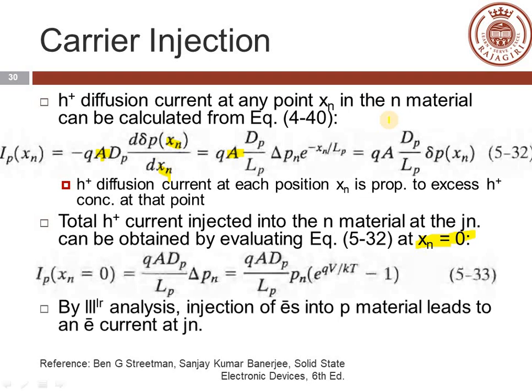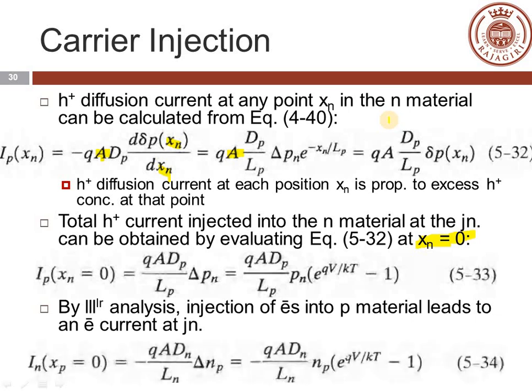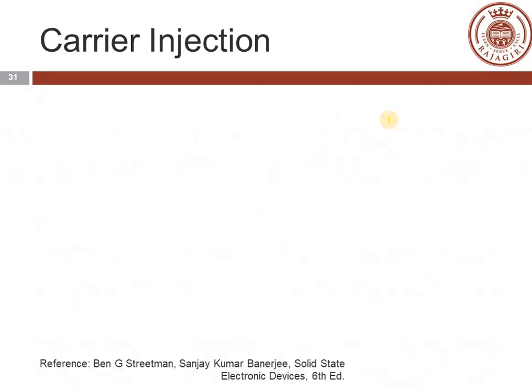Similarly, we can find the injection of electrons into the p material, which leads to an electron current at the junction, that is In at xp equal to 0. By similar steps we can solve it, and we will get minus q A Dn by Ln times capital delta Np, which equals minus q A Dn by Ln np into e to the power qV by kT minus 1.